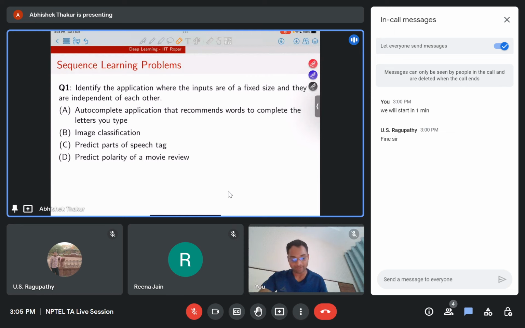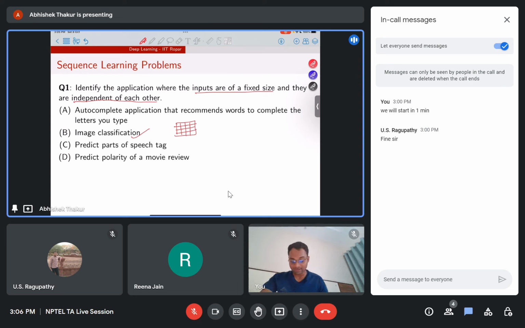In this question it is given that inputs are of fixed size and independent of each other. Speech inputs are not independent of each other. Each word in the speech depends on the next word, and it is also not a fixed size. Here is the image classification task. The image can be divided into fixed size parts, let's suppose 4 cross 4, and each part is independent.